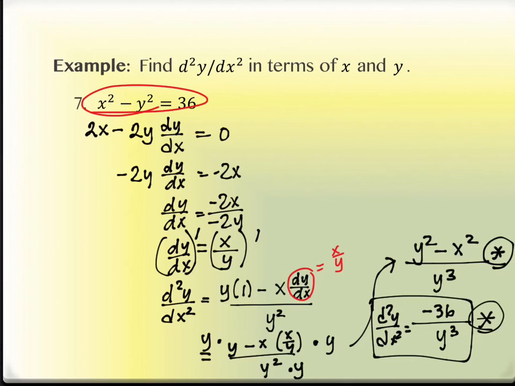Will you count off if you use y prime and y double prime? That's a good question. Thank you for asking that, Alyssa. No. If you do not want to use dy dx and you'd rather use y prime every time, you can do that. I've taught it that way before. Here's the issue that you need to be really careful of.